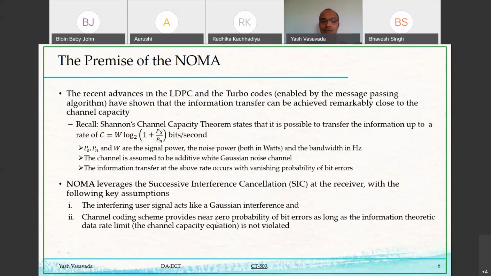But in order to achieve that, I cannot exceed this rate. We are almost always going to focus on the normalized rate, C divided by W, which is nothing but bits per second per hertz, the same as the spectral efficiency, which is also the same as bits per channel use, whose formulation is nothing but logarithm of 1 plus SNR.